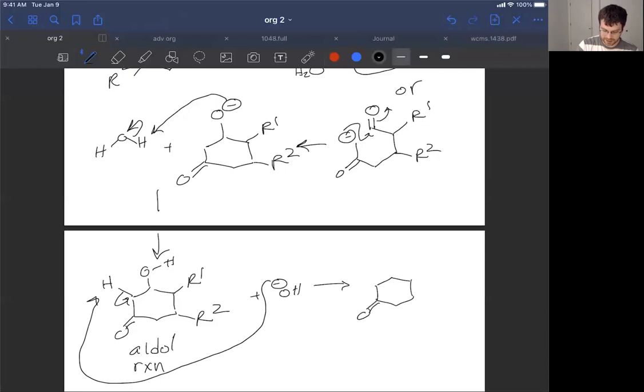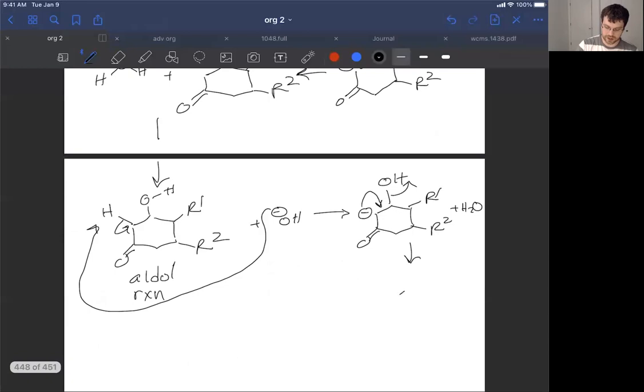Well, what that gives us is a negative charge that's going to sit around ever so briefly before it adds in to make an alpha beta unsaturated carbonyl and then kicks off the OH minus. So that negative charge that's generated is an intermediate along the way for an elimination reaction that gives rise to more hydroxide that can promote more of this reaction.